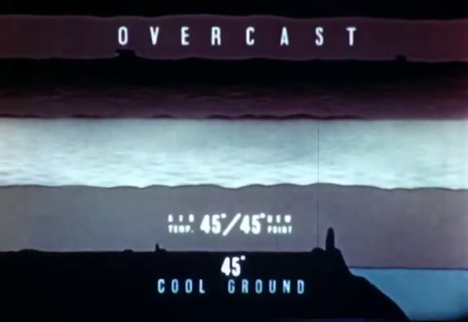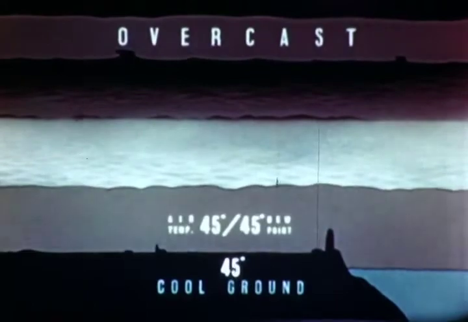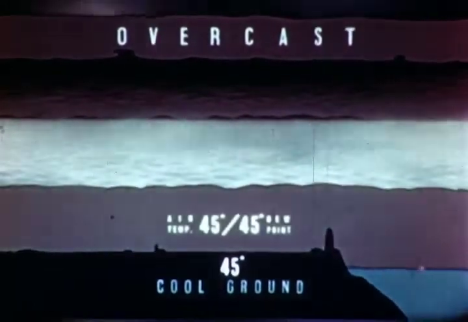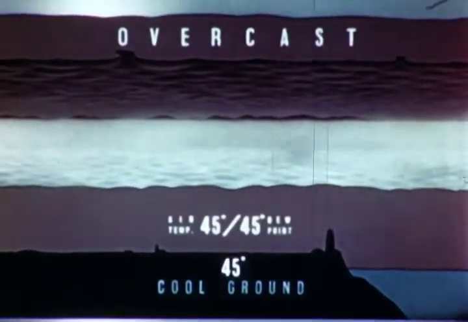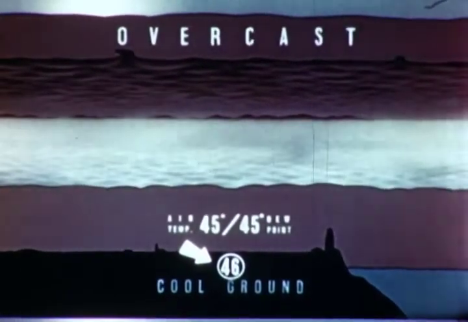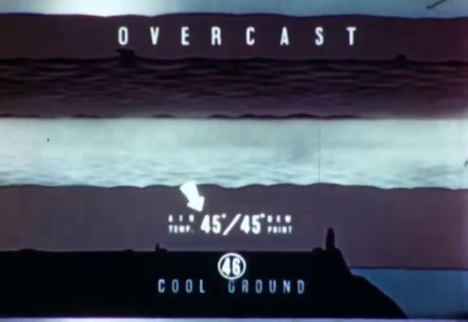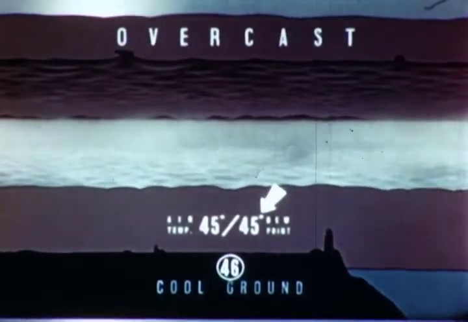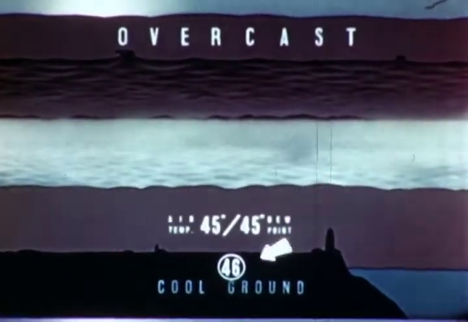However, when there is a deck of clouds above the fog, it will remain dense during the day. These clouds prevent most of the sun's heat from reaching the land surface. The fog, therefore, is not affected to any extent by the slight increase in the temperature of the land.